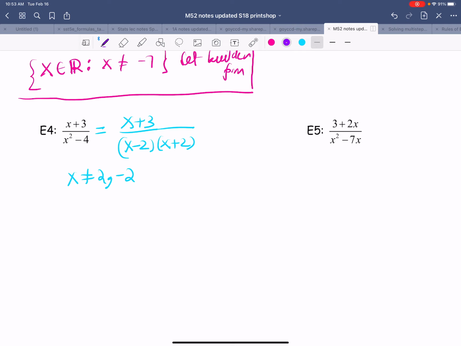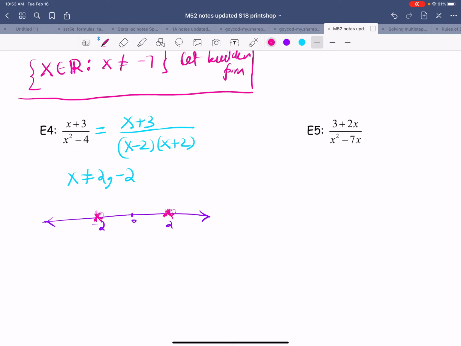Now I'm going to draw a number line just to help us write the interval notation. On my number line, this is 0 and there's my negative 2 and there's positive 2, and it's going on forever. This is where my illegal values are. I don't want these. Other than these two, everything is okay for x. There are no other values of x that will give me a 0 in the denominator.